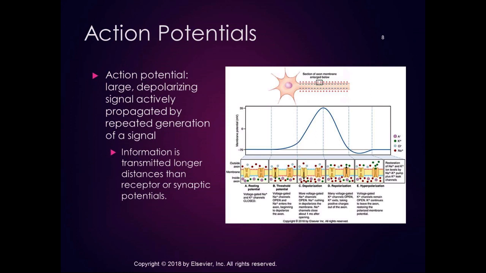Because it's actively propagated, the action potentials transmit information over longer distances than receptor or synaptic potentials. I really like this chart in the book because it shows the depolarization and repolarization in conjunction with what's happening with the gated channels. So we'll go through each one of those in a minute.